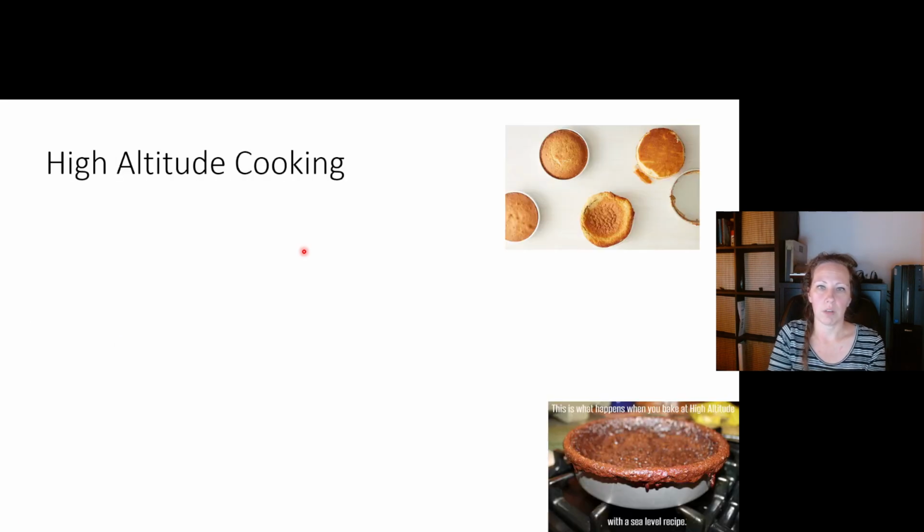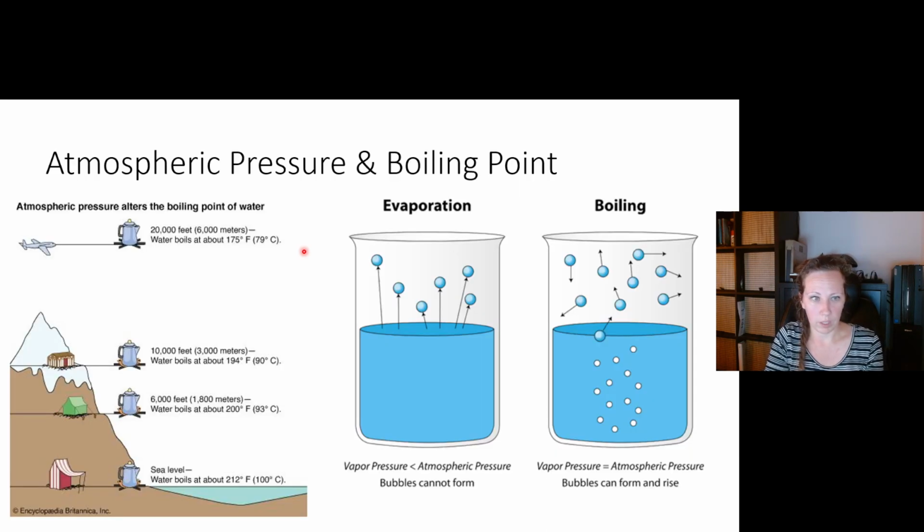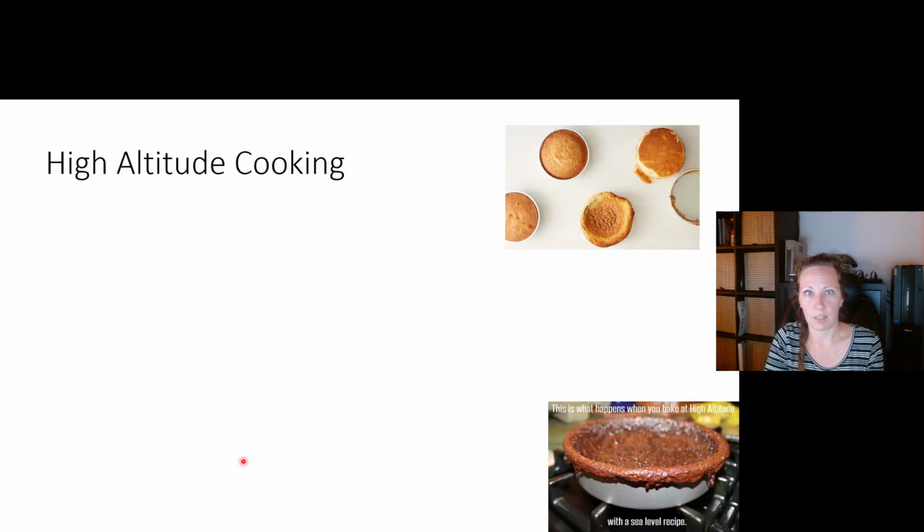Now, what does that mean for cooking? Right? The temperature is still the temperature, right? So it doesn't matter if it's boiling, if it is still 10 degrees less than what my boiling temperature was for the recipe that was written for that food. I'm not cooking it as hot, and it's not going to be as well done, right?